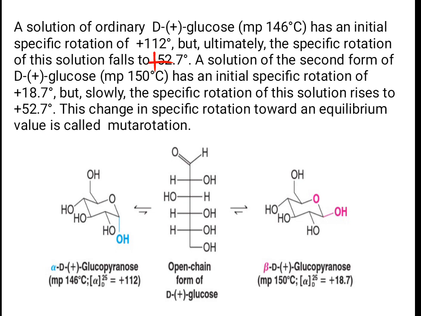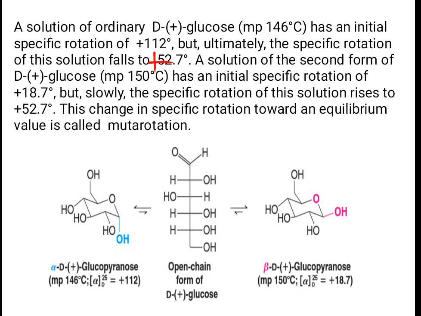You have to give the sign also, plus or minus. A solution of the second form of D-glucose, which has the melting point 150 degrees centigrade, has an initial specific rotation of +18.7 degrees. But slowly the specific rotation of this solution rises to +52.7 degrees.